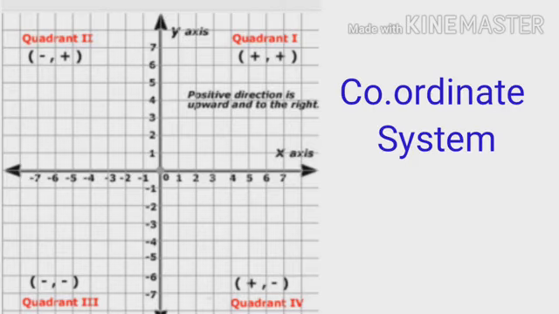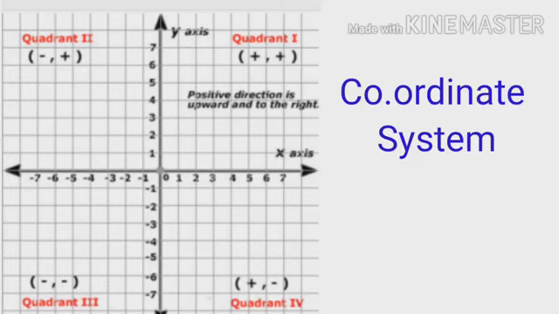The point which lies in the third quadrant is minus minus, that means both x and y coordinates are negative. The point which lies in fourth quadrant, whose x coordinate is positive and y coordinate is negative.